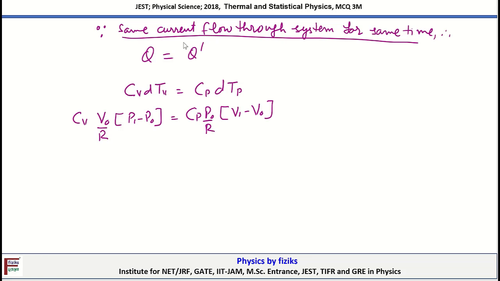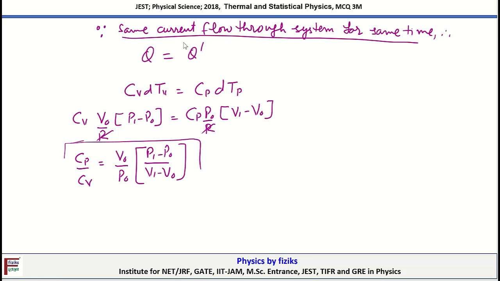From here we note that Cp by Cv is equal to, with R cancelling R, V naught by P naught into (P1 minus P naught) upon (V1 minus V naught). That's the ratio of the heat capacities Cp and Cv.